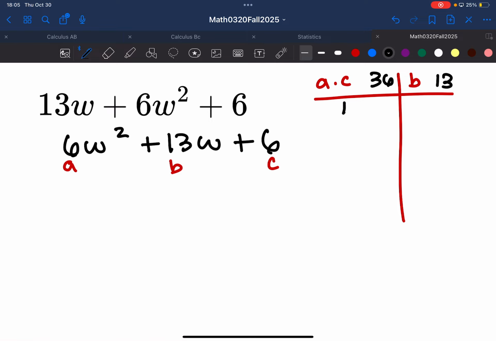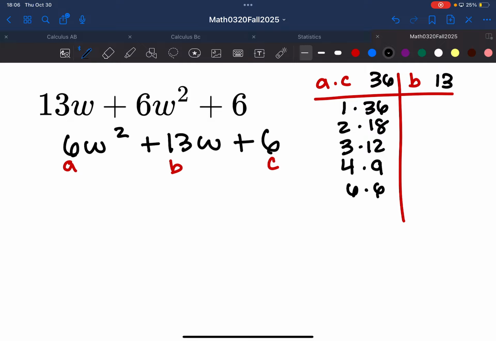Okay, so we had 1 times 36, 2 times 18, and then 3 times 12, 4 times 9. Good. And then I think the last one is 6 times 6. Yes.